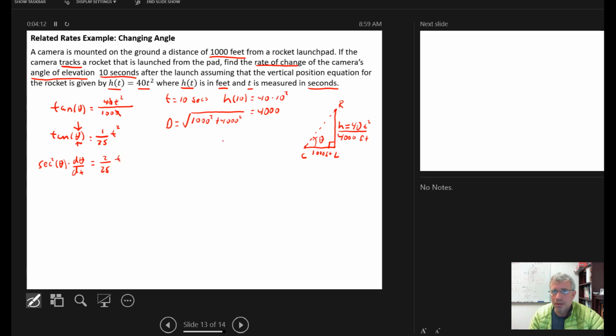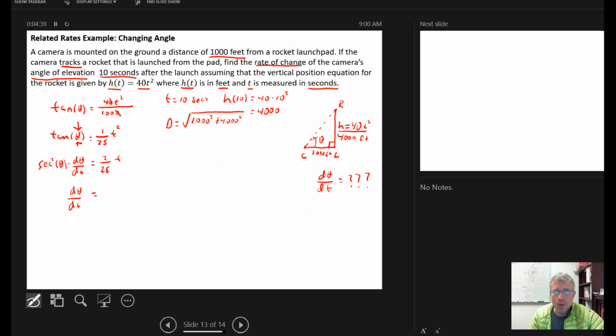and we're being asked to find d theta dt, right? It says find the rate of change of the angle of elevation. So we're really wanting to know what is d theta dt. That's the unknown in this problem. So I'm going to get the d theta dt by itself. The easiest way to do that is to recognize that the secant function is the reciprocal of the cosine function.